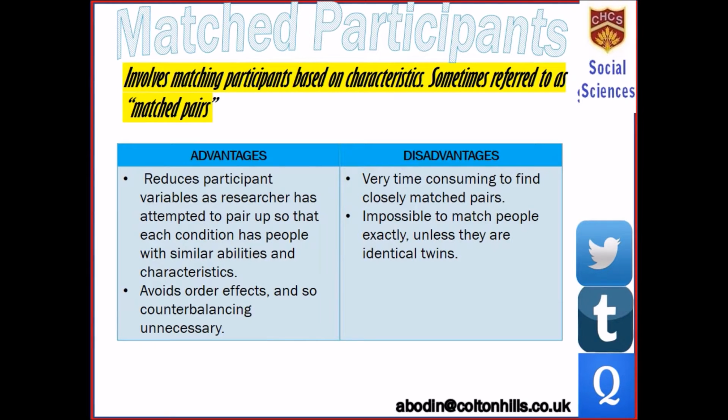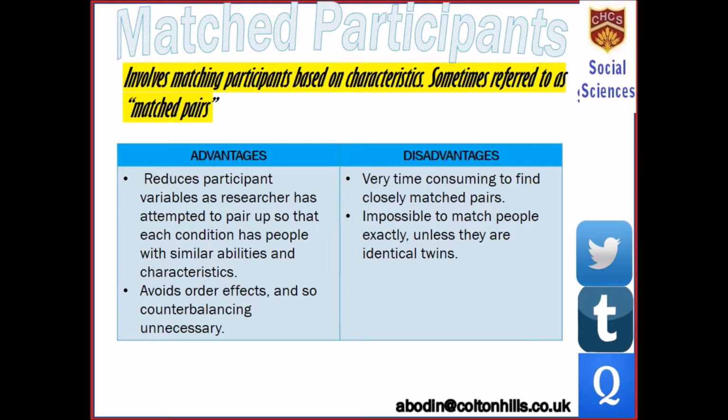And the final experimental design that could be used within psychological research is matched participants, or as I said earlier, sometimes referred to as matched pairs. So the idea with this experimental design is that you deliberately try to avoid these participant variables or individual differences because you try to match participants up as closely as possible based on their various characteristics.